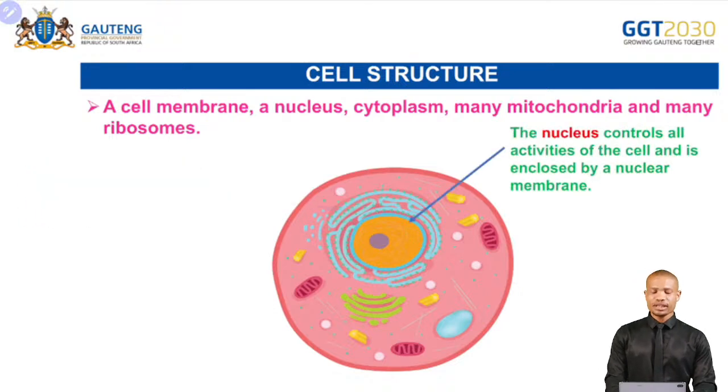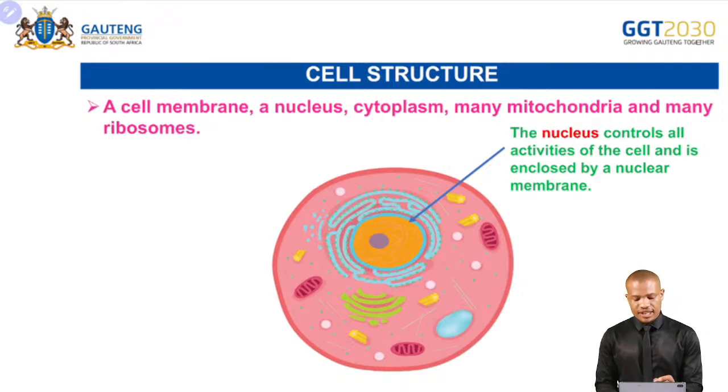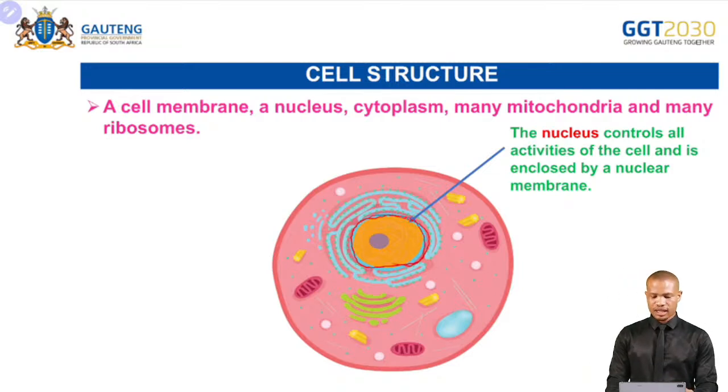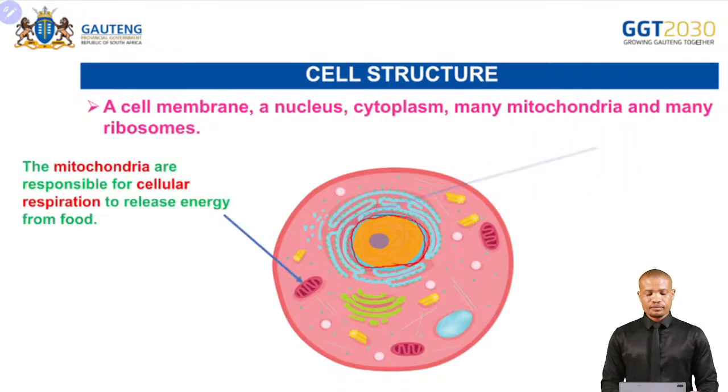Then we have the nucleus, which is this ball over there, and it controls all activities of the cell, okay? And the nucleus itself is enclosed by something called the nuclear membrane, which is this layer around the nucleus. Right. Then we have the mitochondria. We've already talked about the mitochondria.